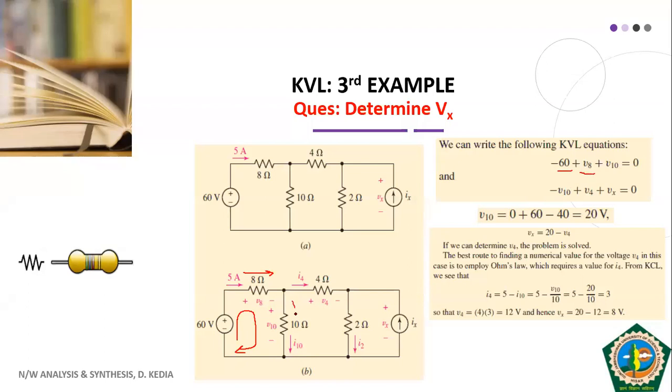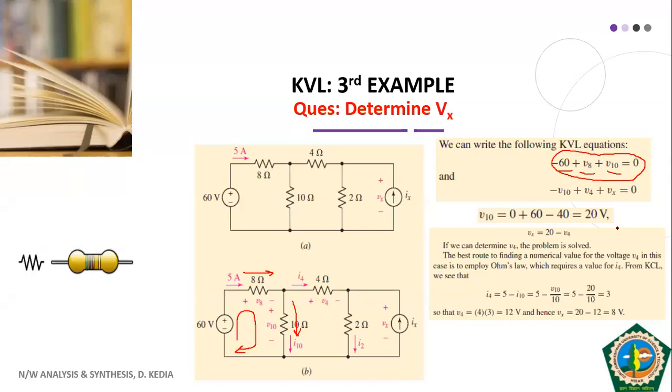Then we enter into 10 ohm, from the plus side of V10, we get plus V10. If we take the algebraic sum of all these, we get minus 60 plus V8 plus V10 equal to 0.